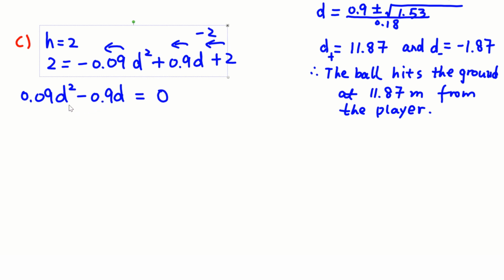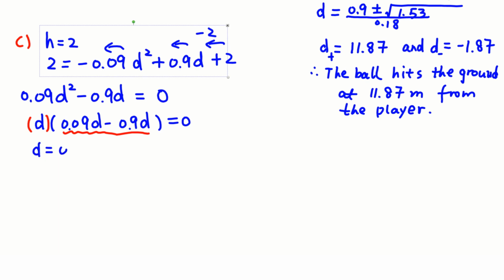Then we have two terms. We could common factor these two terms. So you factor d out: d times (0.09 d minus 0.9) equals 0. So here you have two factors. d is one factor, and the other one is in the bracket. Multiplied together they equal 0, so each factor could be 0.